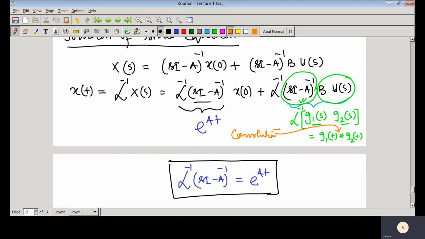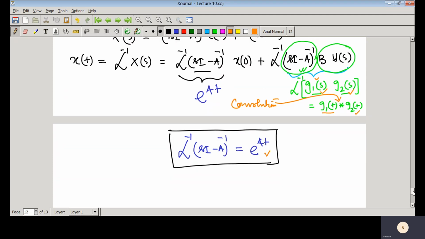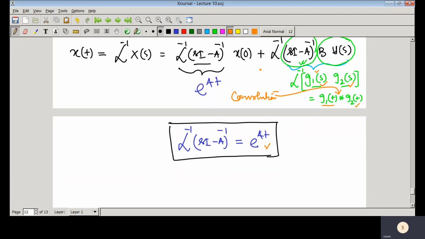There are two functions, G1(s) and G2(s). G1(s) is basically (sI minus A) inverse, and its Laplace inverse G1(t) is nothing but e to the power At that we have defined, and G2(t) is B into u(t).